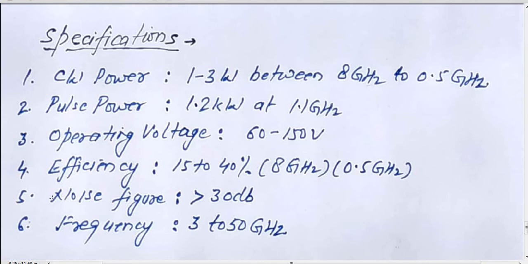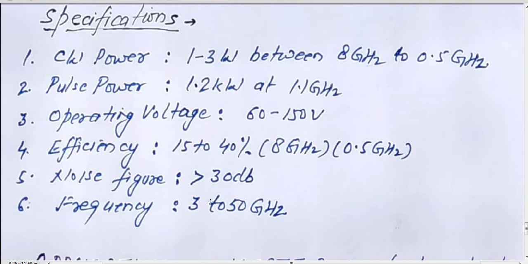The operating voltage is 60 to 150 volts. Typical efficiency is 15 to 40%. The noise figure is generally greater than 30 dB, and the frequency is between 3 to 50 gigahertz.